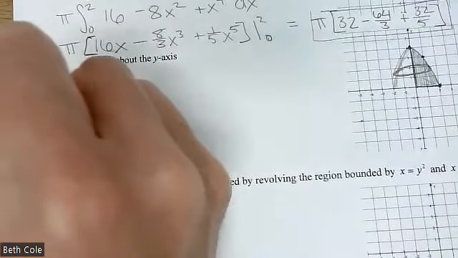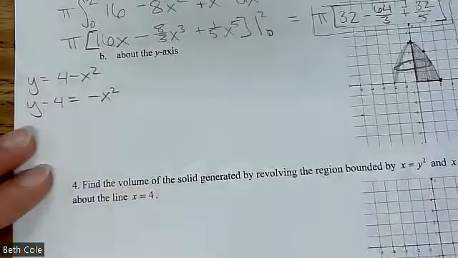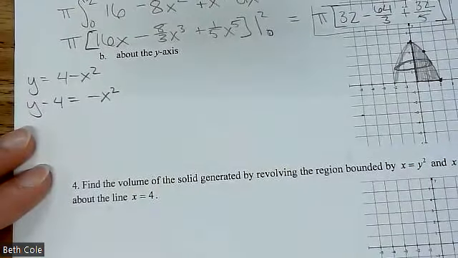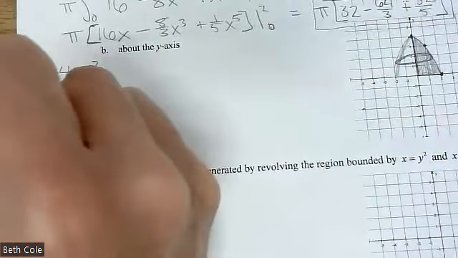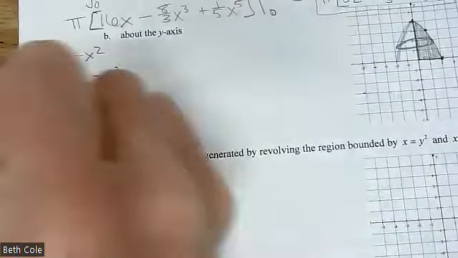Minus 4, there we go. y minus 4 equals negative x squared. Oh, then you have to divide by a negative. So it'll be negative y plus 4 equals x squared. And then square root that.